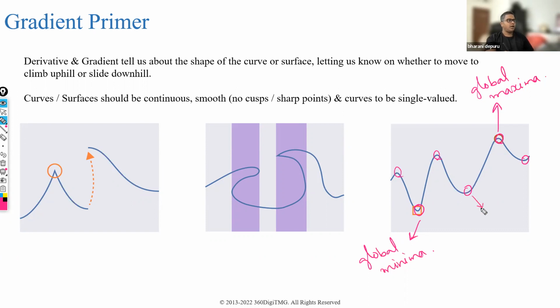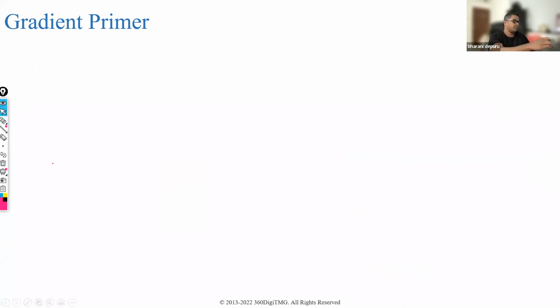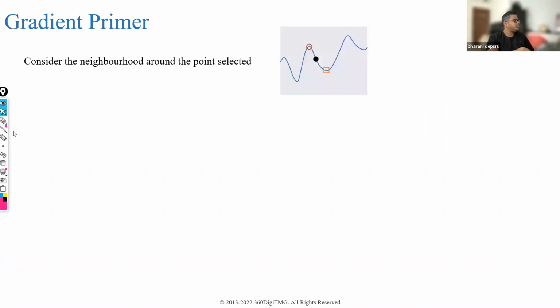These are called as local minima. These are called as local maxima. So consider a specific point on this surface here. With respect to this point, this point is maximum. And with respect to this point is minimum.